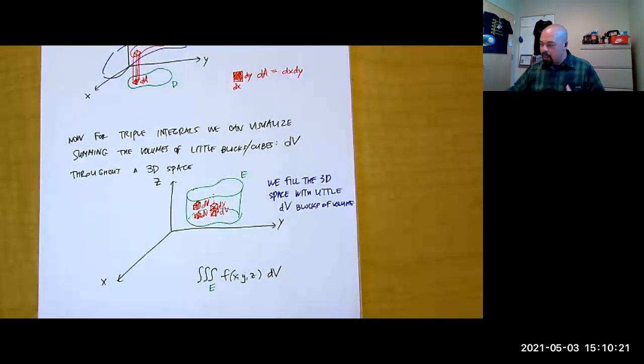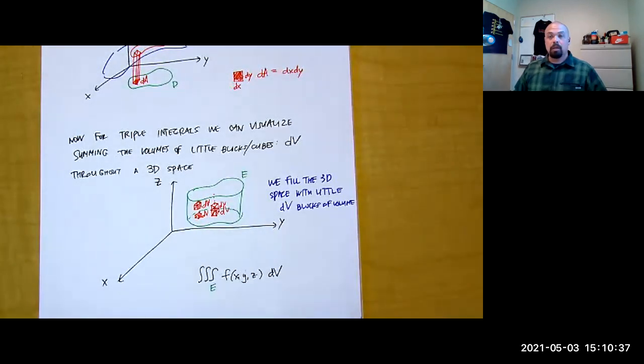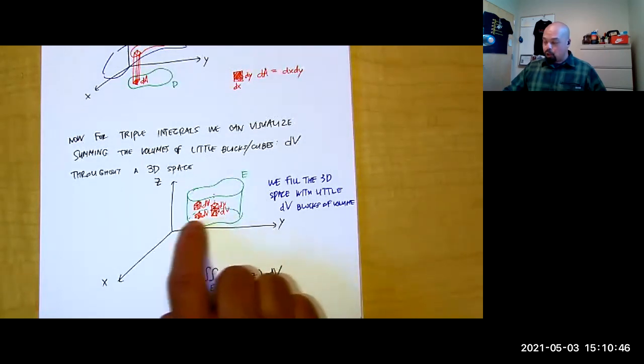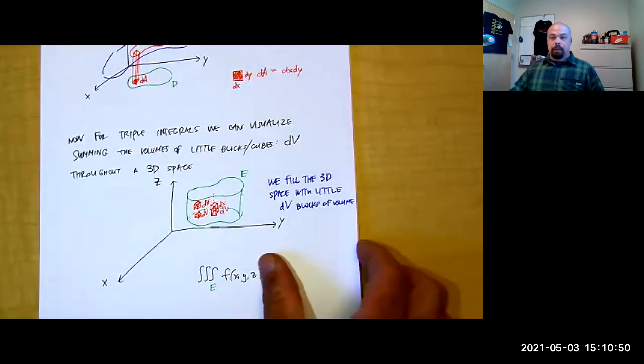Okay, but the way I think of it, we have this function, this action that's being applied throughout that volume, and we're accumulating all that net effect. Okay, but as we start to see, at the moment, we're taking all these little blocks of volume, trying to fill that space and adding up all those components.